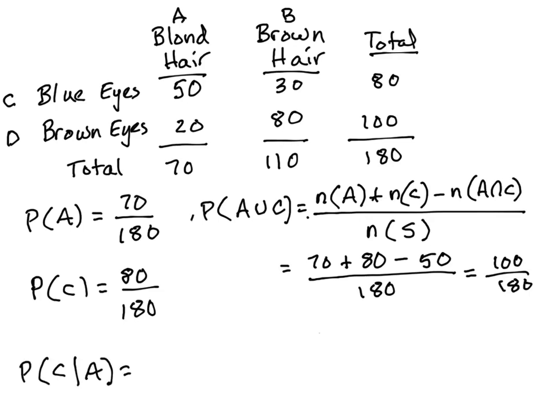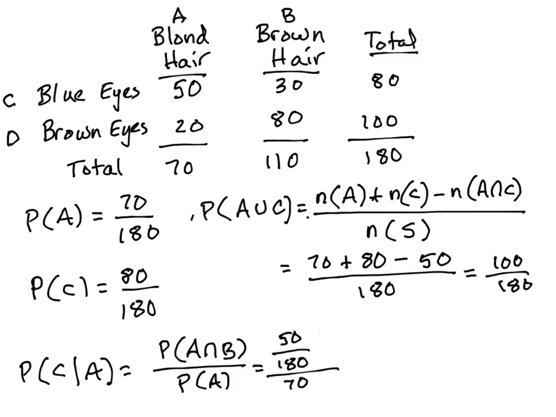Now, let's say we wanted to do something with conditional probability. So we chose somebody, and we know that that person has blonde hair. What's the probability that they have blue eyes? And so we'll use our formula that says we take the probability of the intersection divided by the probability of the event A, which is the blonde hair.